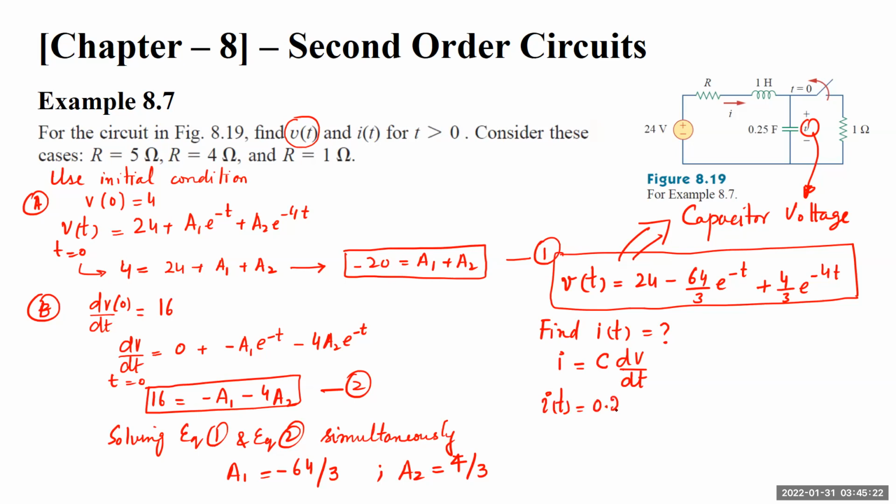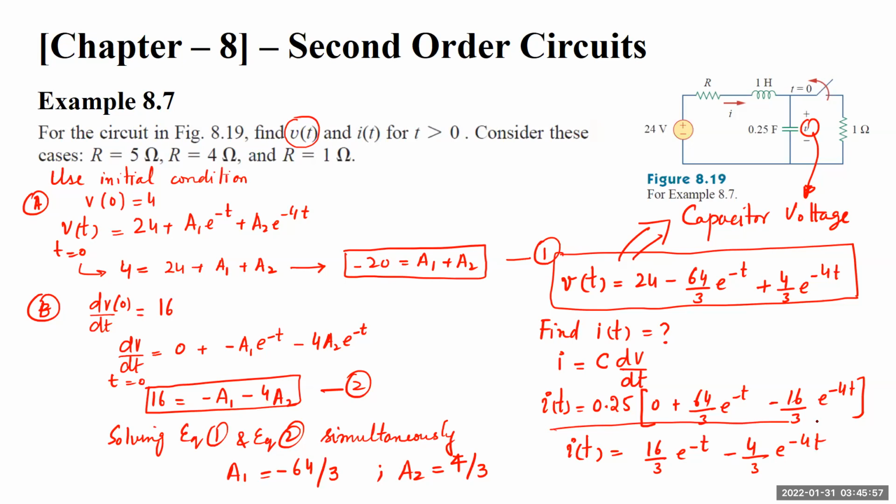C is again 0.25, and we multiply it by the derivative of this: 0, minus becomes plus 64 by 3 e raised to power minus t, and this becomes minus 16 by 3 e raised to power minus 4t. If we multiply it by 1 by 4, so i of t will be 64 divided by 4, 16 by 3 e raised to power minus t, and minus 4 by 3 e raised to power minus 4t.